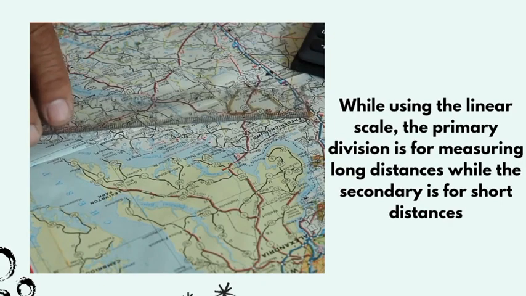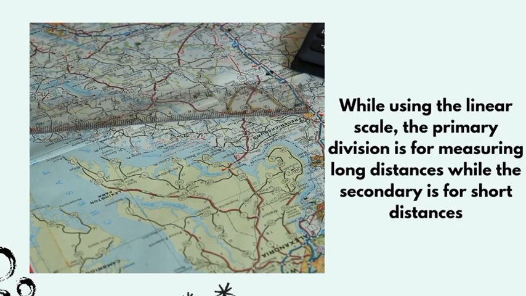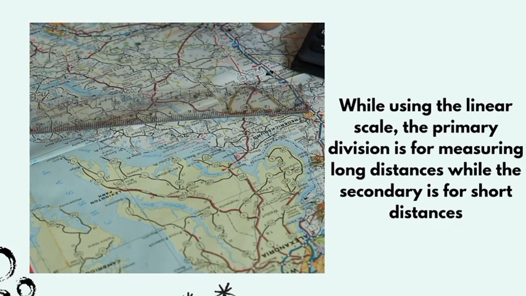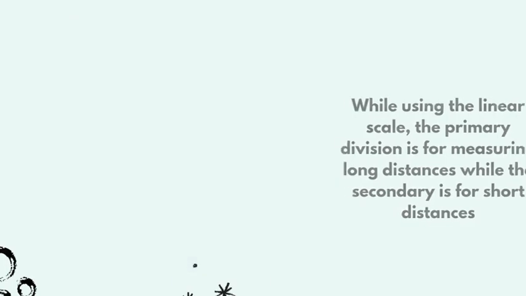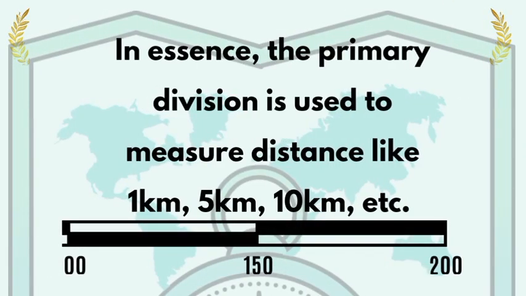While using a linear scale in measuring ground distance, conversion of map distance to ground is done in a linear way, by measuring long distance in a straight form or in a winding line. It is easily transmitted without stress. In essence, primary division is used to measure distances like 1 kilometer, 5 kilometer, 10 kilometer, 100 kilometer, and as long as the kilometer you would like to measure.